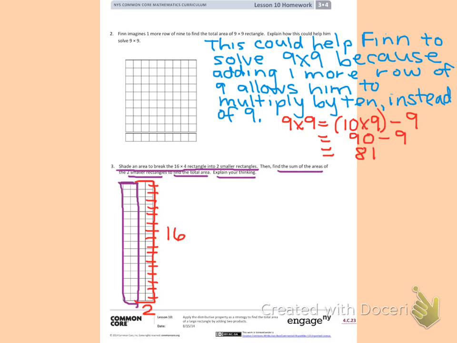That means if I label the purple rectangle, there are 16 rows and two columns as well. Now it also says we have to shade an area. I've broken them in half, but I'll go ahead and shade this area here.